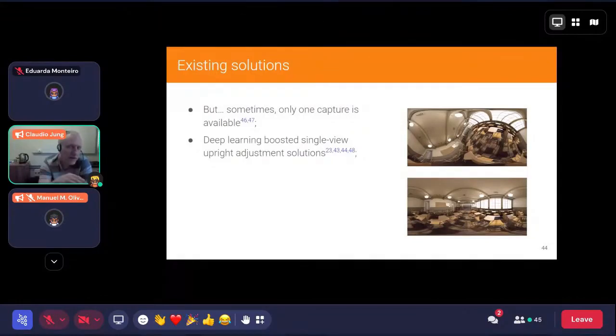So if you have a set of images that are already gravity aligned, you can generate a set of artificially rotated images and then generate pairs of rotated and derotated images from which you can estimate the rotation angle.